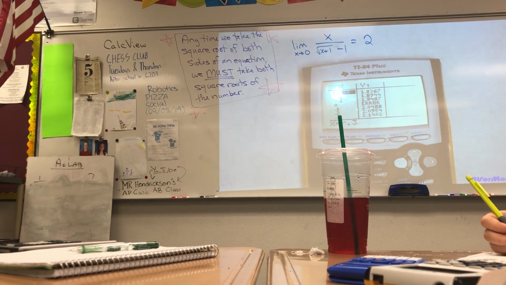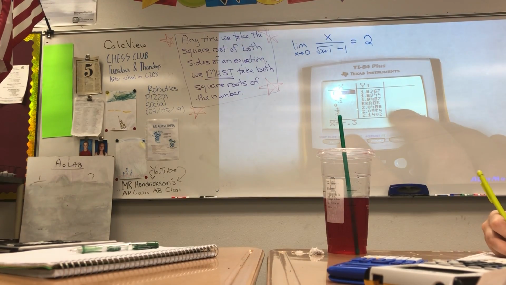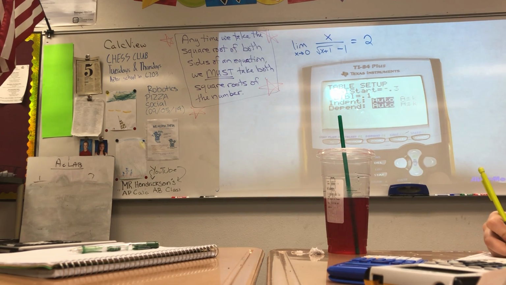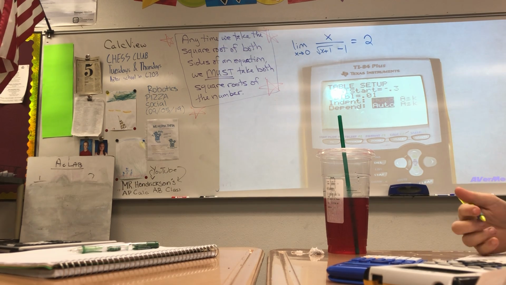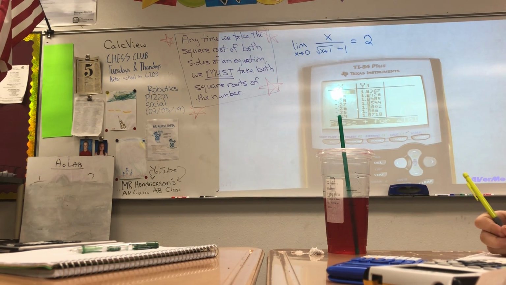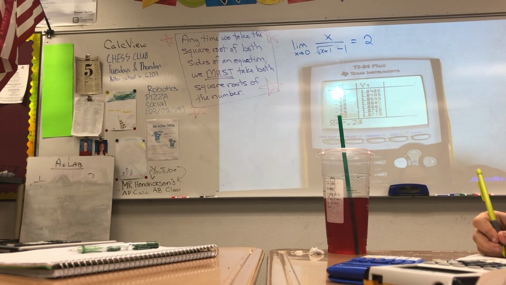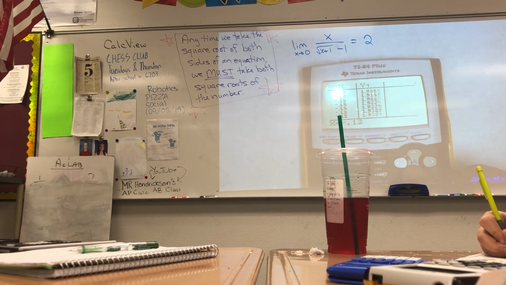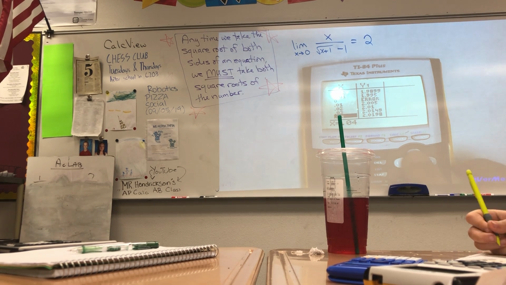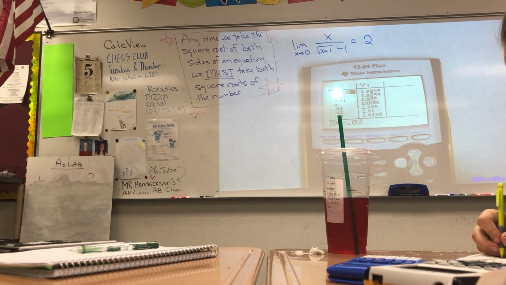If you wanted to change it to 0.01 instead, I go delta table 0.01. And now I go back to the table. And you can probably see even a little bit more there how it's getting closer and closer to 2.